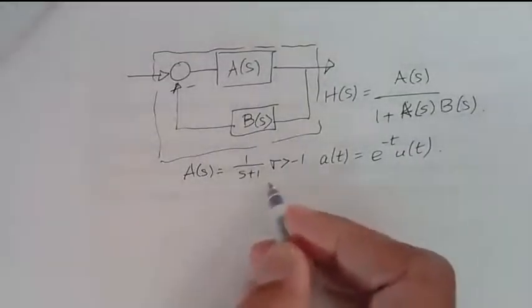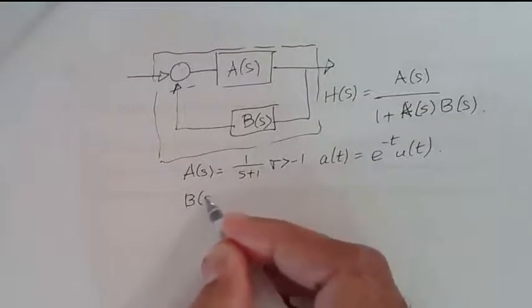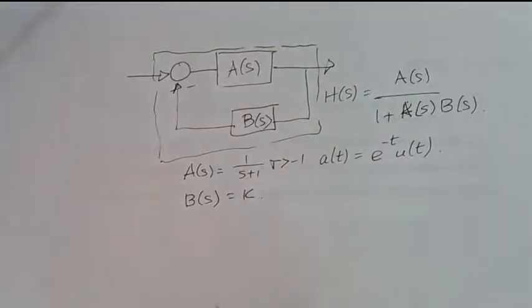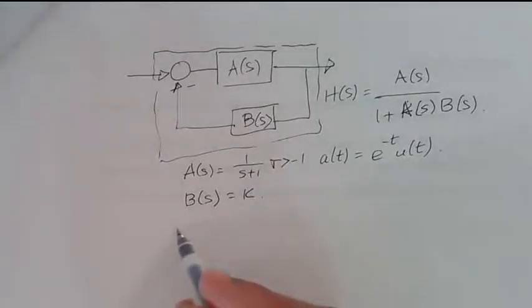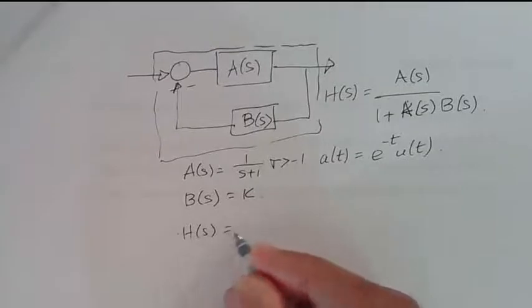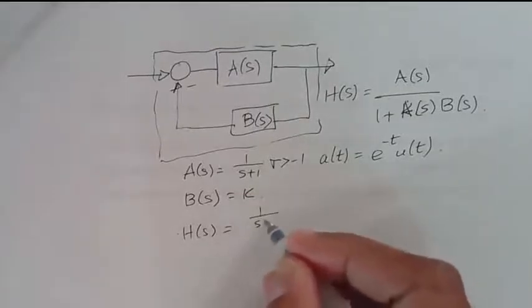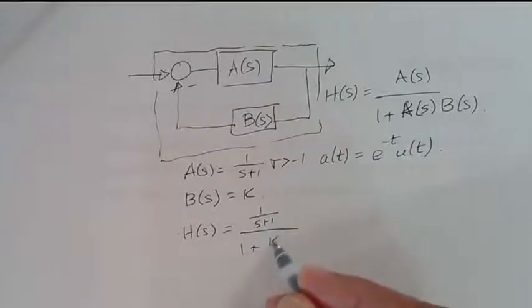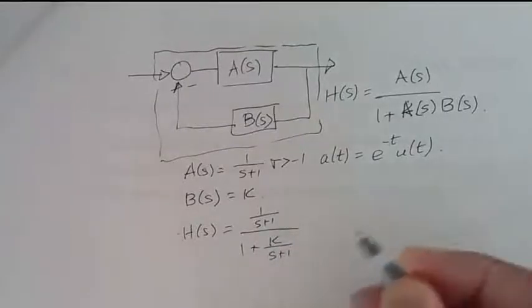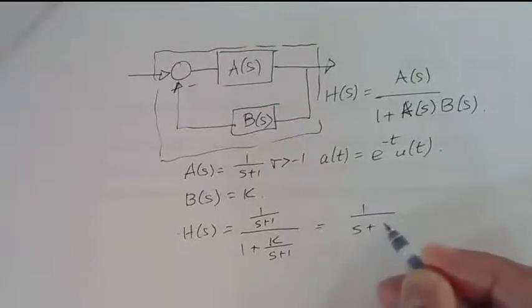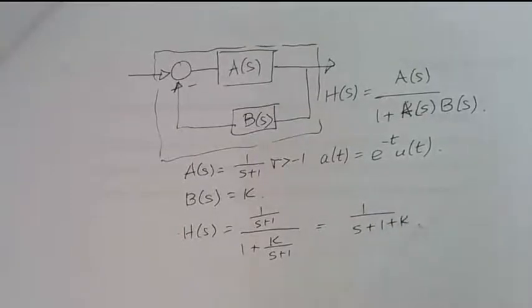I take B of s to be equal to just a gain term, just an amplifier. So then the overall transfer function will be 1 over s plus 1 over 1 plus k over s plus 1. And so this is equal to 1 over s plus 1 plus k. Right?